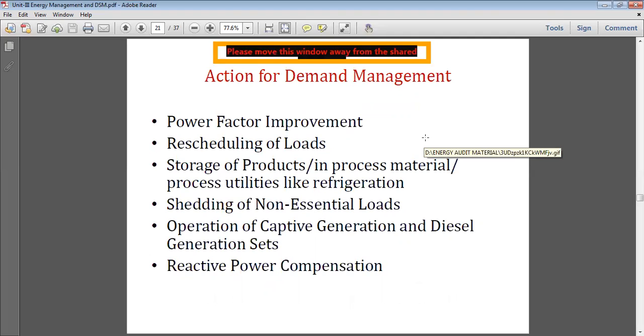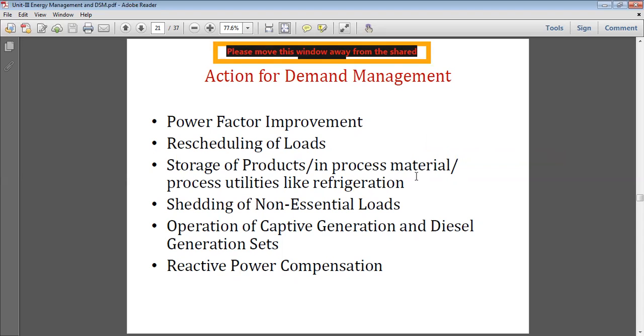The maximum load rate is higher from 9 a.m. to 12 noon in the daytime, and in the evening 6 to 10 p.m. So if we are able to stop our refrigeration plant or cold storage plant during that time, it will reduce the maximum demand occurrence as well as the energy rate.